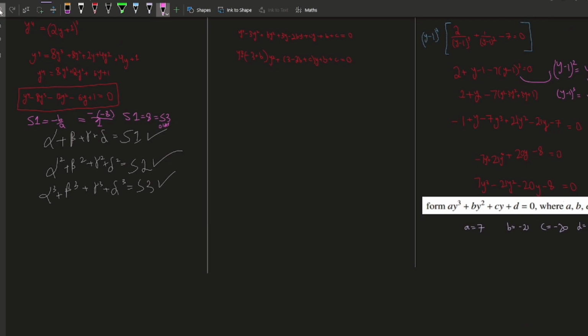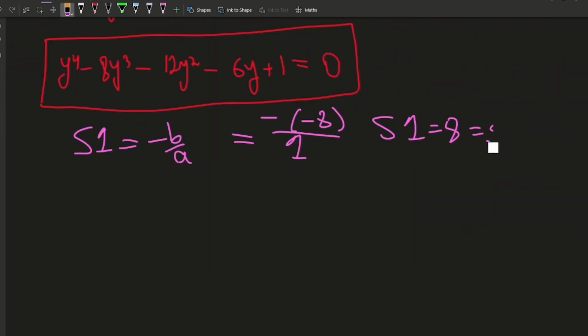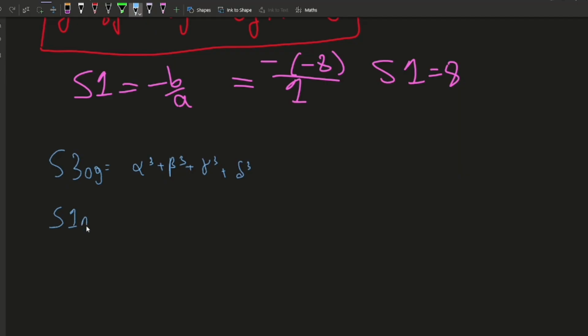Now let me erase everything. What we needed to understand is that S3 of the original equation is equal to alpha cube plus beta cube plus gamma cube plus delta cube, and S1 of the new equation is also equal to this.